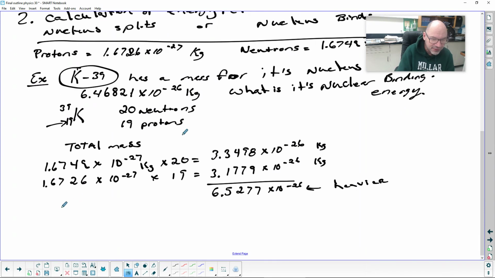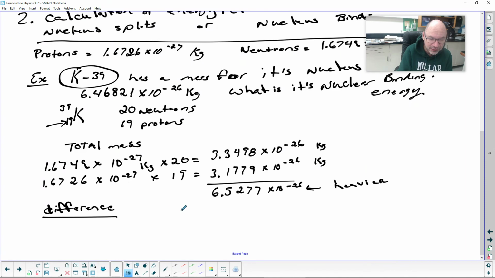And then we can take the difference. Now we're going to take the difference between our total and the one that we looked up, K39. I don't know why I started with K19, but that's just how it goes.